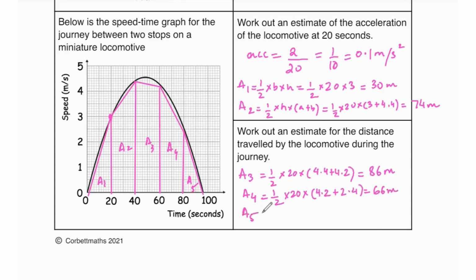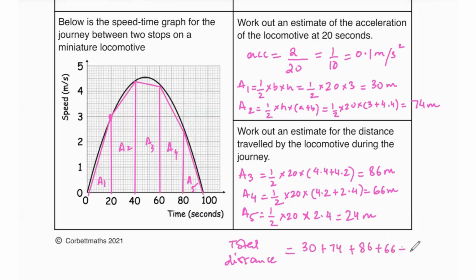And lastly, A5 is going to be 1 over 2 times 20 times 2.4, which is 24. So now for the total distance, I will add these values. That's 30 plus 74 plus 86 plus 66 plus 24, which gives us 280 meters. That is your estimate for the distance traveled by the locomotive during the journey.